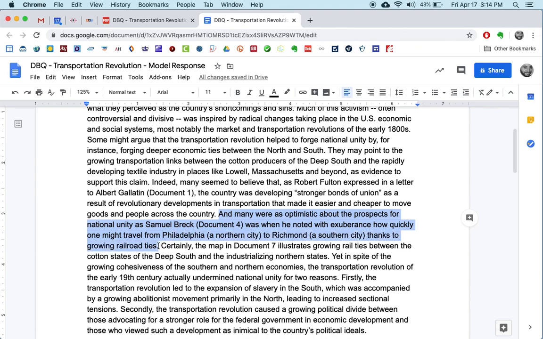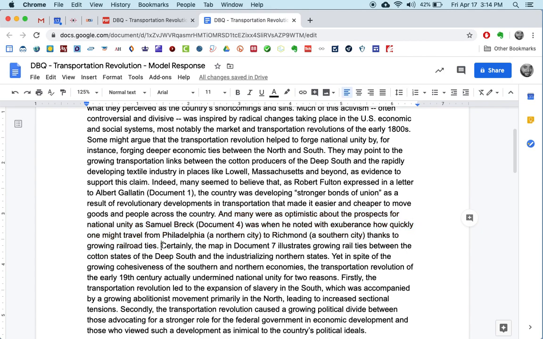So I'm describing the document, and in that description, I'm also talking about how it goes along with the counterclaim, which is that there was greater national cohesion as a result of the transportation revolution because people could travel from the north to the south more quickly and more cheaply.